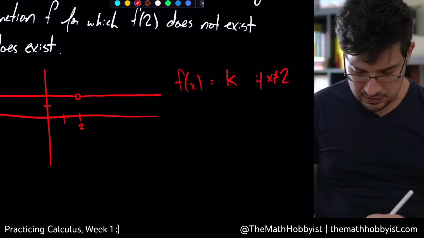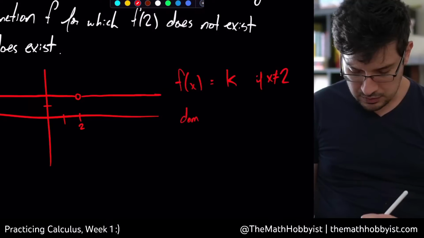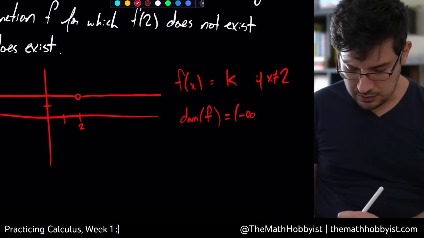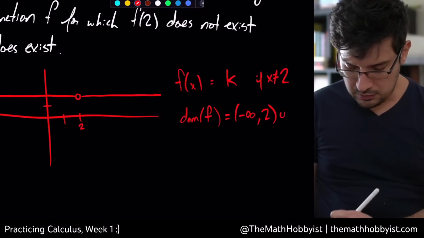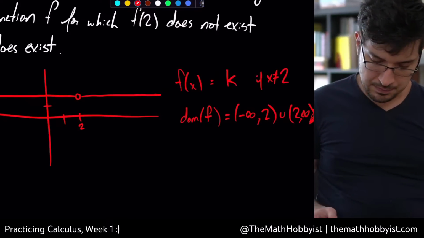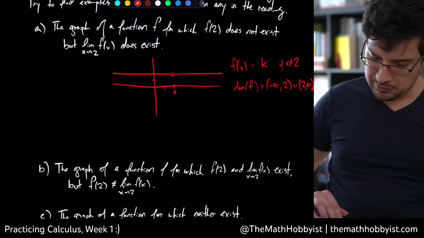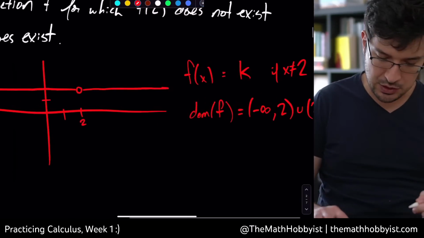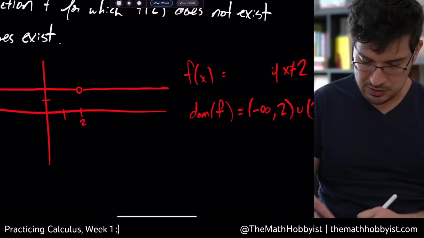We are saying that the domain of this function is the real line except for the value 2. Okay, that's a simple explanation. Y equals k. K could be 2 if we want to keep reusing the number 2, and that's what I drew.